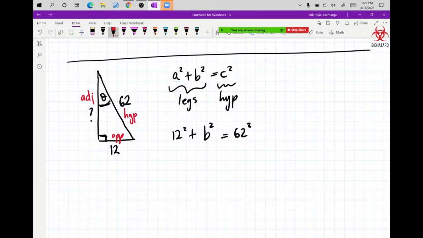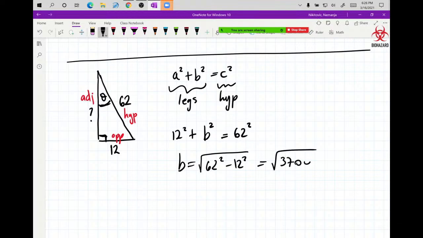So now when you have this, you can quickly compute the value for this. So b is equal to the square root of 62 squared minus 12 squared. So you can punch that in a calculator. So 62 squared minus 12 squared is the square root of 3700.